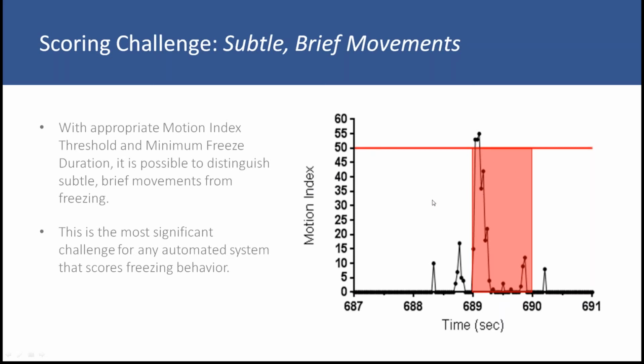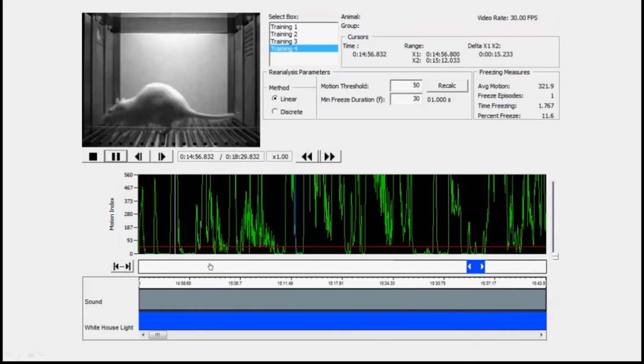With that very subtle head bob, the motion index went above the threshold and then came back down again. It's only during the times when the motion index is below the threshold for this entire window, the minimum freeze duration, that the animal is considered freezing. Being able to detect those types of subtle movements is the most significant challenge for any automated system that scores freezing behavior.